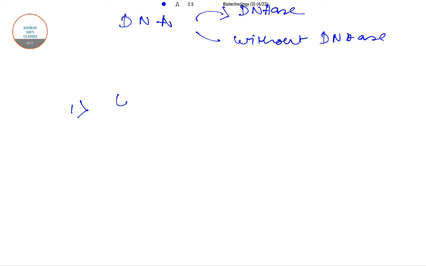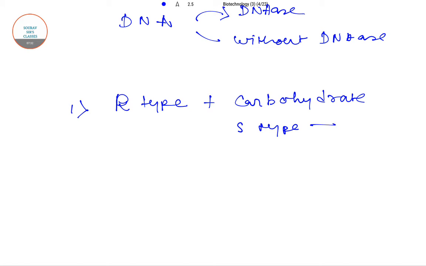First, when the R type is given the carbohydrate of S type, only the R type will form.